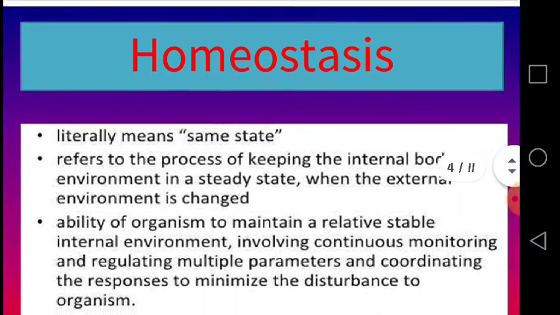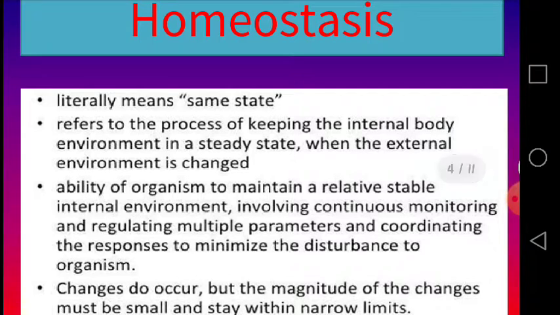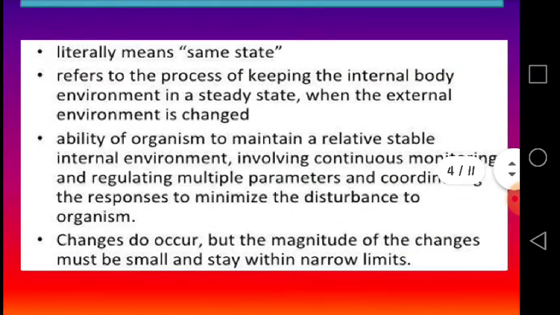This is the ability of an organism to maintain a relatively stable internal environment, involving continuous monitoring and regulating of multiple parameters and coordinating the responses to minimize the disturbance to the organism. Changes do occur, but the magnitude of these changes must be kept at small values and within narrow limits so that the organisms can survive.